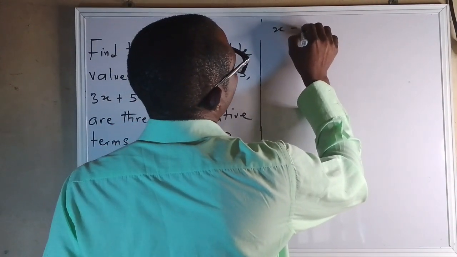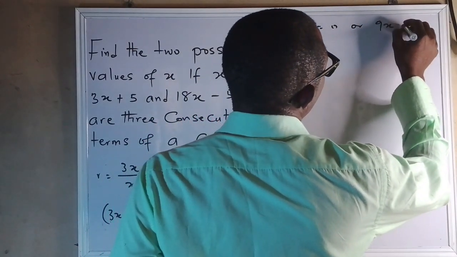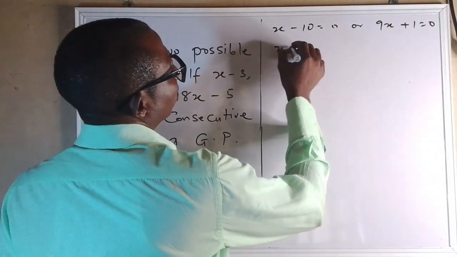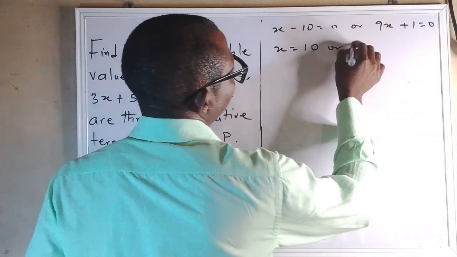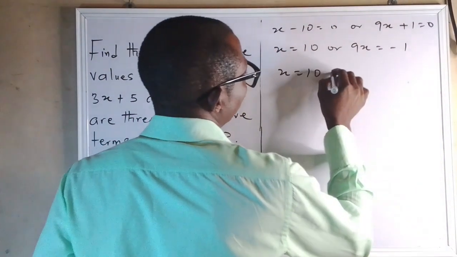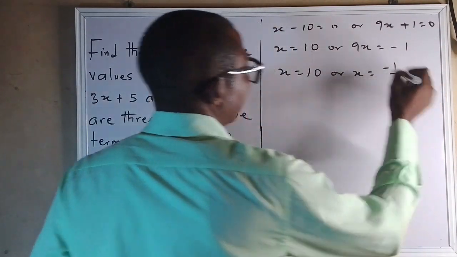So x equals to 10, or 9x equals to minus 1. So x equals to 10, or x equals to minus 1 over 9.